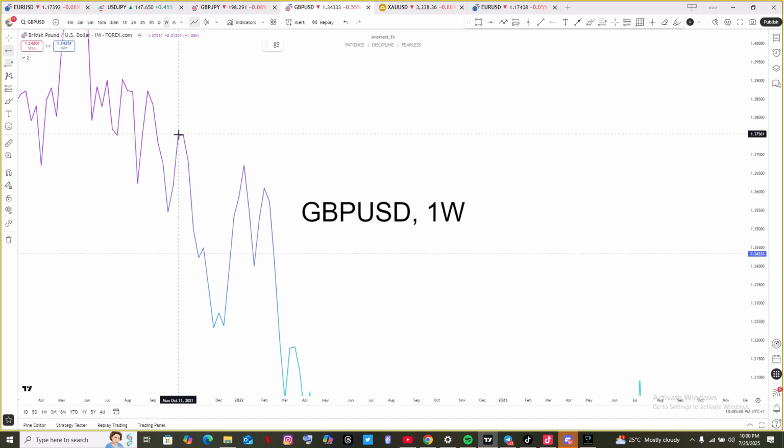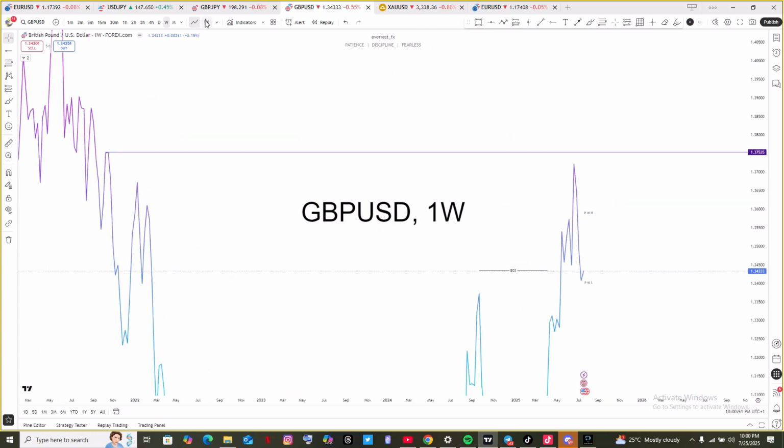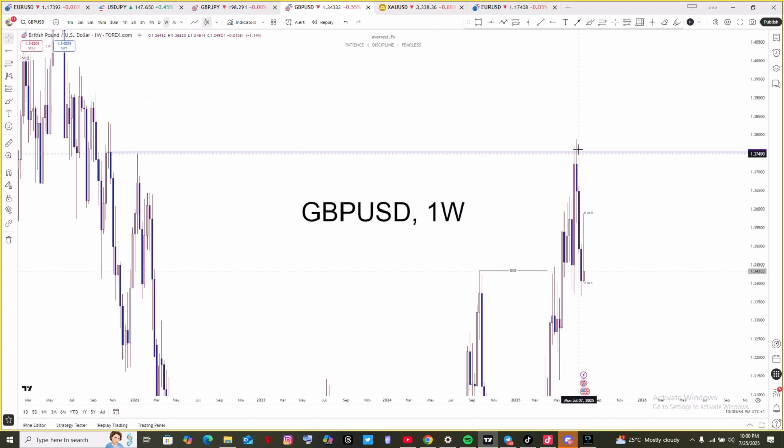Change this to line chart. I hope you see where price is reacting to. It's from these weekly key levels, using this one as an inducement.